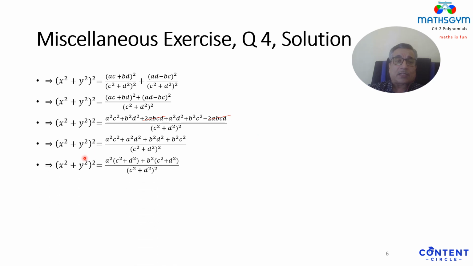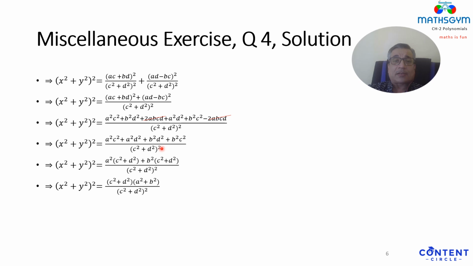What we are left with is x square plus y square whole square is equal to a square c square plus a square d square plus b square d square plus b square c square upon c square plus d square whole square. Because in the denominator we have c square plus d square, we'll apply the distributive property in the numerator of the RHS to see that we get the same. We collect a square common from the first two terms and get c square plus d square.